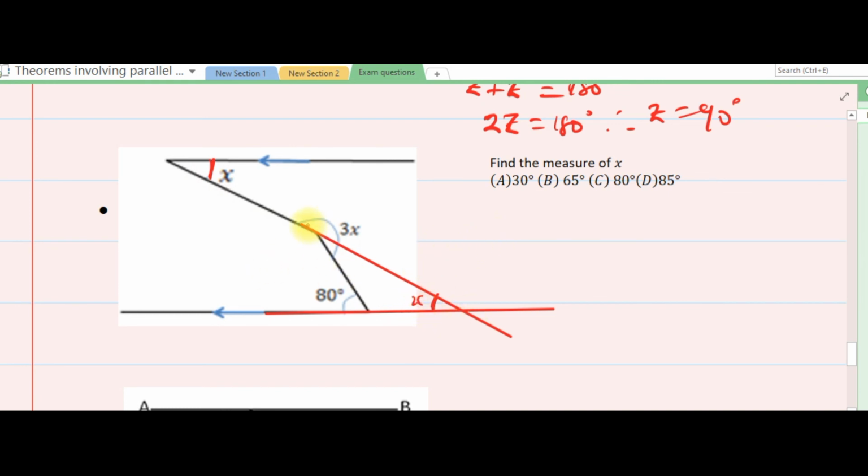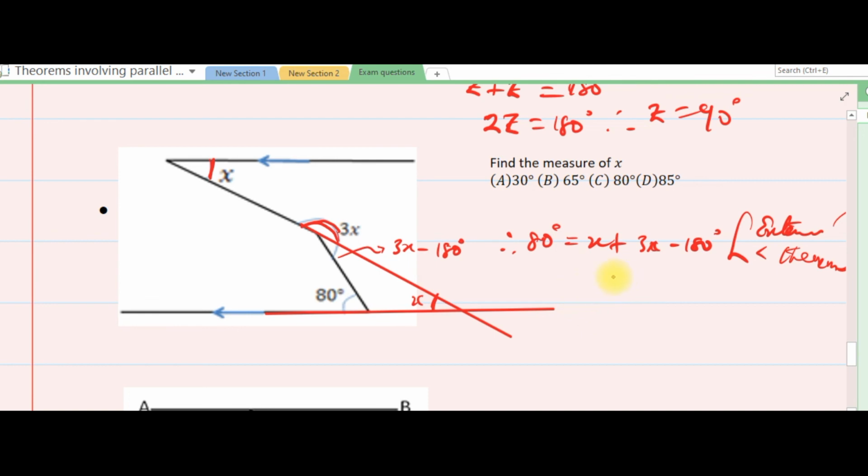Again, remember, angle on a straight line. So the total is 3x. So whatever is inside, the angle inside must be 3x minus 180. Angle on a straight line here is 180, but the total is 3x. So the remaining is 3x minus 180. So finally, exterior angle theorem, 80 degrees must be what? x plus 3x minus 180 by exterior angle theorem.